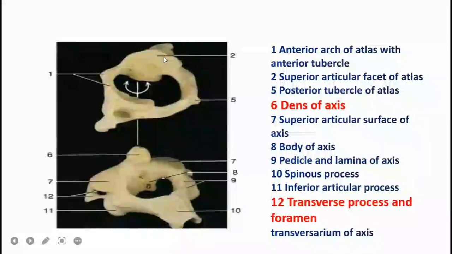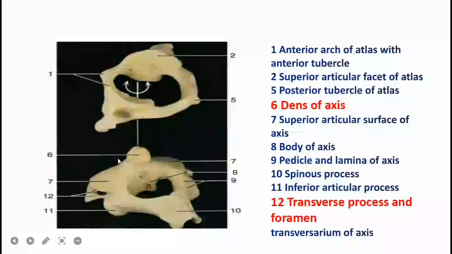So this is the atlas, then we have the axis down here. Along their surface, there are a few descriptions, for instance, the part labeled on the anterior arch of the atlas with the anterior tubercle right here. Then 2 is the superior articular facet of the atlas. 5 is the posterior tubercle of the atlas.